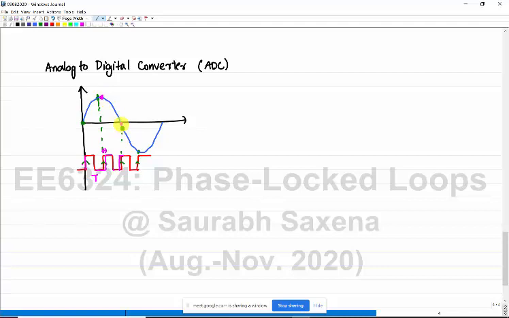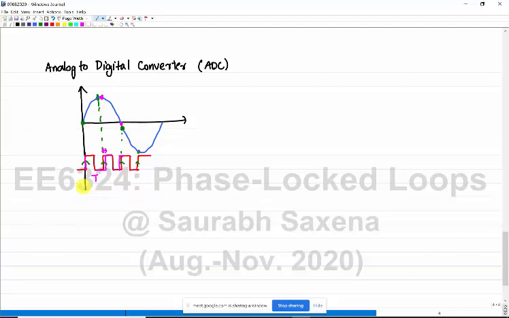So all these changes in the sampling points, because of a bad clock or a clock which is not able to generate a fixed clock period, will give you a performance degradation when you convert from analog to digital signal, or even when you convert from digital to analog signal.